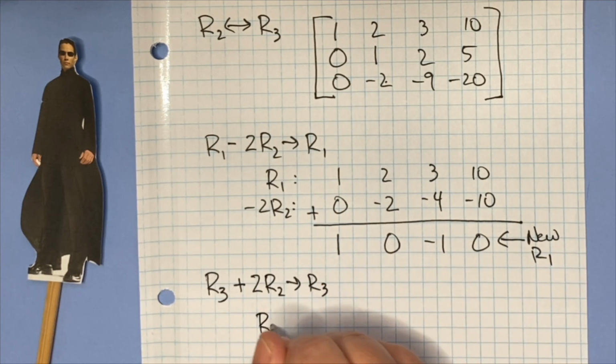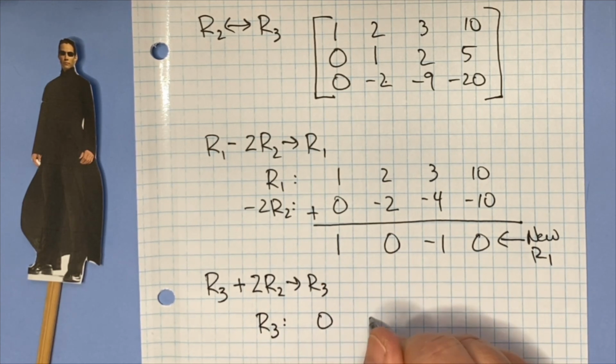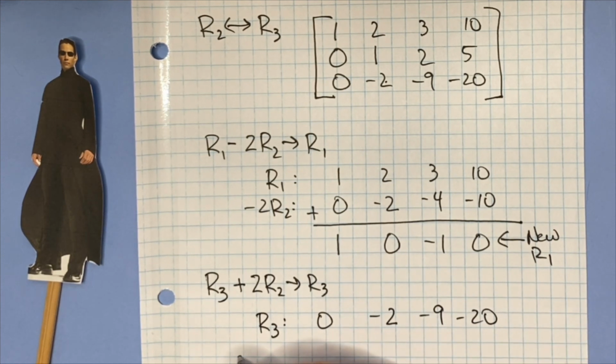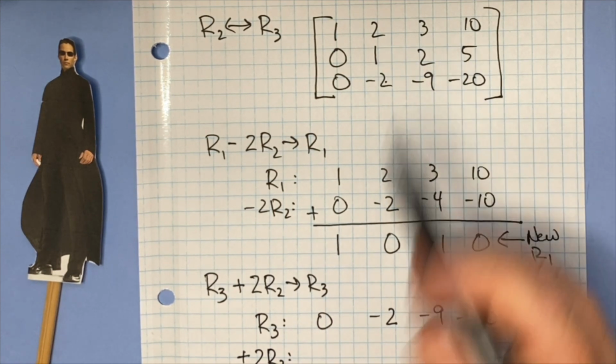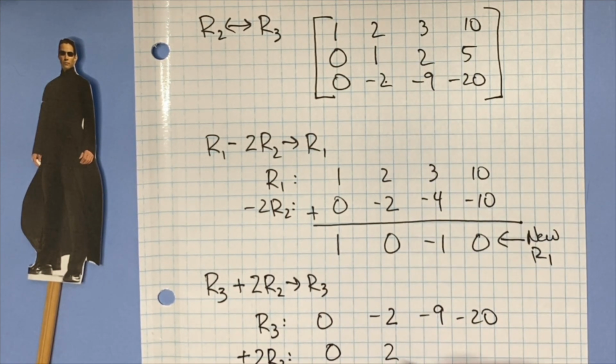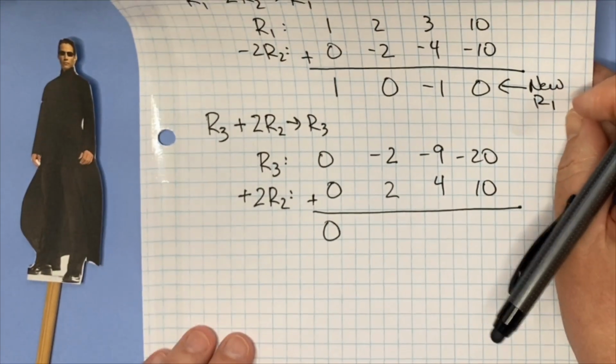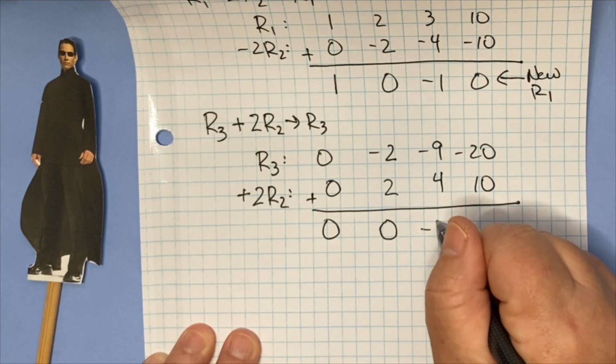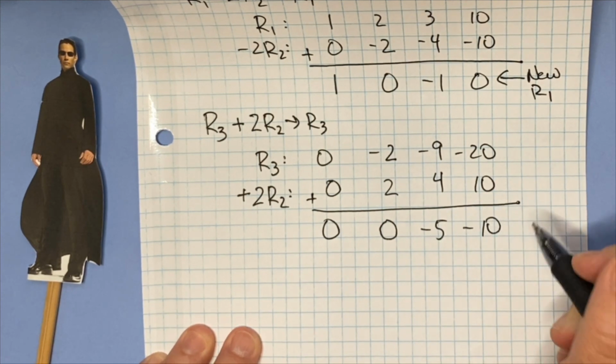So row 3 is 0, -2, -9, -20, and +2 row 2, that's going to be 0, 2, 4, 10, and I'll get 0, 0, yay, -5, -10.